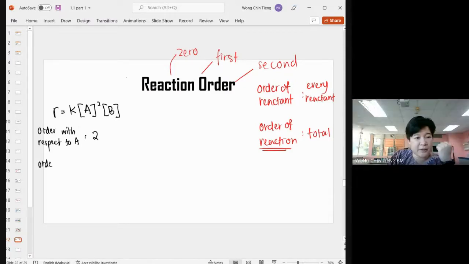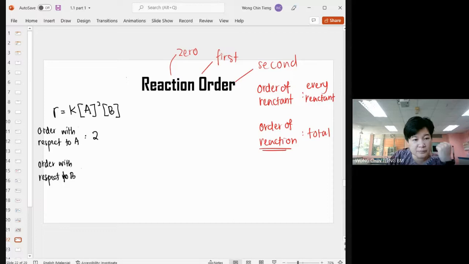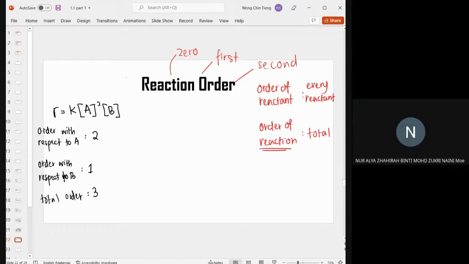Order with respect to B? 1. Alright, order with respect to B adalah 1. Ni cara biasa kita tulis lah, order with respect to siapa. Okay? So, total order? 3. Tutup mata boleh buat betul.